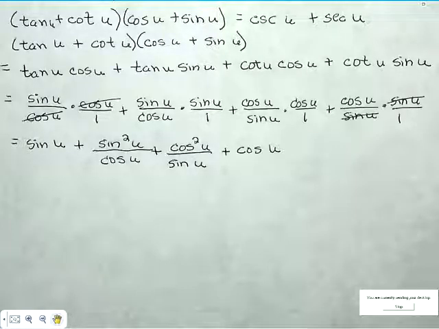Yeah, I can factor the sum of two cubes, but when I do, I get a binomial times a trinomial, and the binomial would just be sine plus cosine. I don't have a Pythagorean identity for that. The trinomial would be a trinomial.